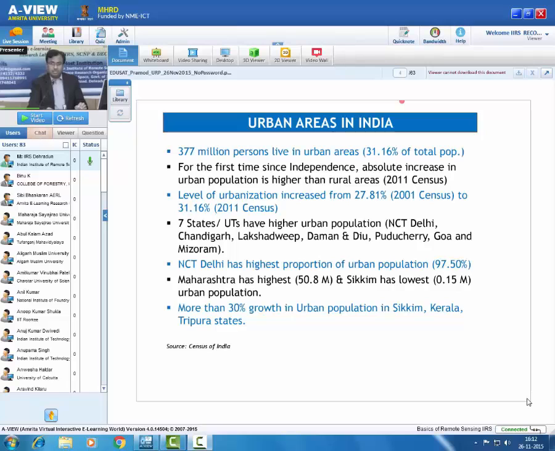Seven states and union territories have a higher urban population, and they are NCT Delhi, Chandigarh, Lakshadweep, Daman and Diu, Puducherry, Goa and Mizoram. NCT Delhi has the highest proportion of urban population, that is 97.5%. In terms of absolute number, Maharashtra has the highest and Sikkim has the lowest urban population.